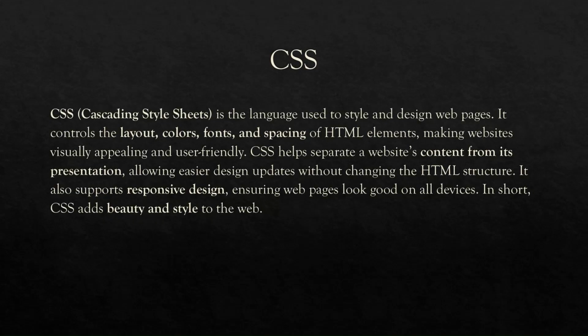CSS helps separate a website's content from its presentation, allowing easier design updates without changing the HTML structure. It also supports responsive design, ensuring web pages look good on all devices. In short, CSS adds beauty and style to the web page.